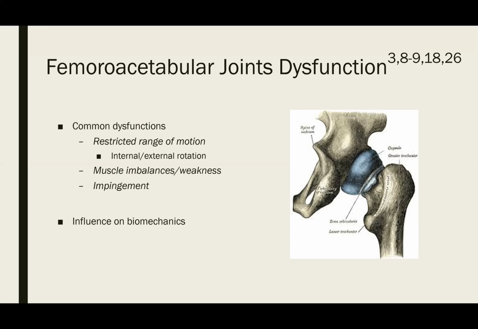So dysfunction within this joint affects strength, control, and mobility within the hips and can disrupt hip control and alter force distribution, which can cause articular cartilage, bone, or surrounding connective tissue degeneration as well. With poor hip control or weakness in the hip extensor groups, a flexed posture of the hip occurs and increases the internal rotation torque and potential throughout the hips. So lots can go on at this joint, resulting in dysfunction.